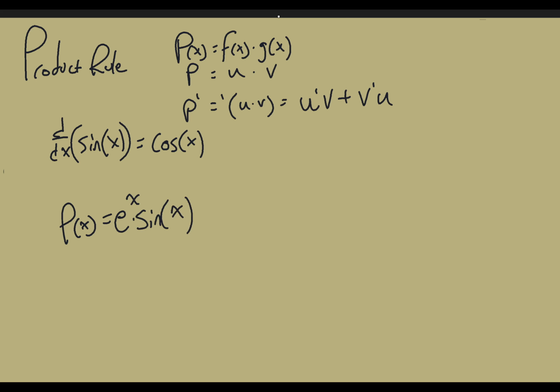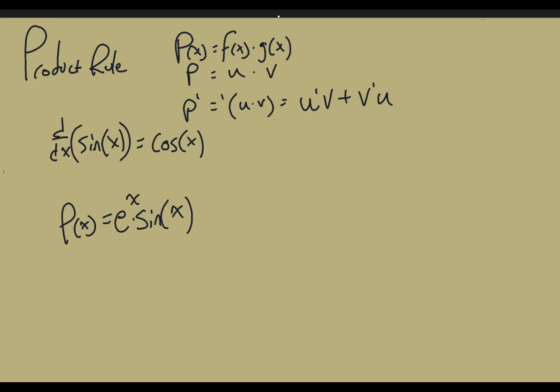You see that these are multiplied? They can't be done separately on their own, like with the power rule. That only works if things are separated by a subtraction or an addition, but these are multiplied. These are a combined function in that way.